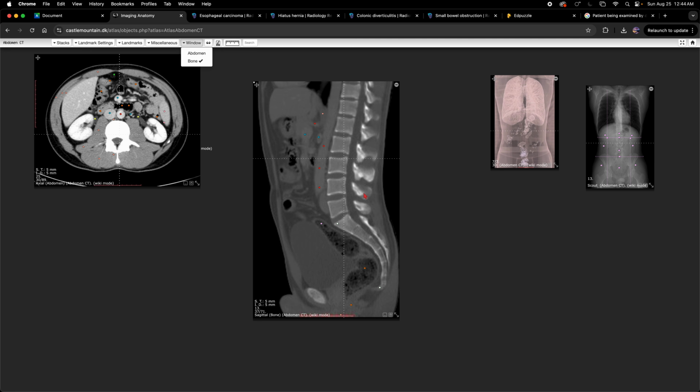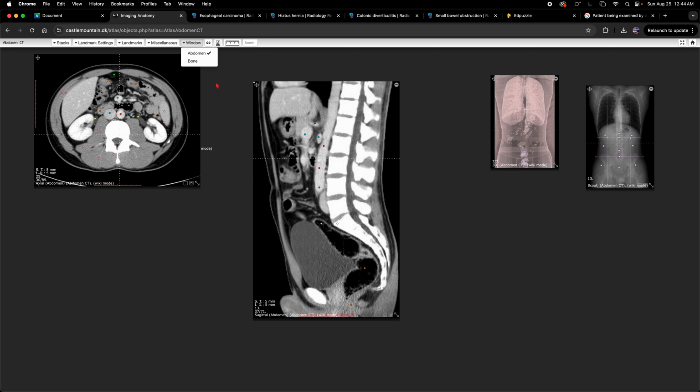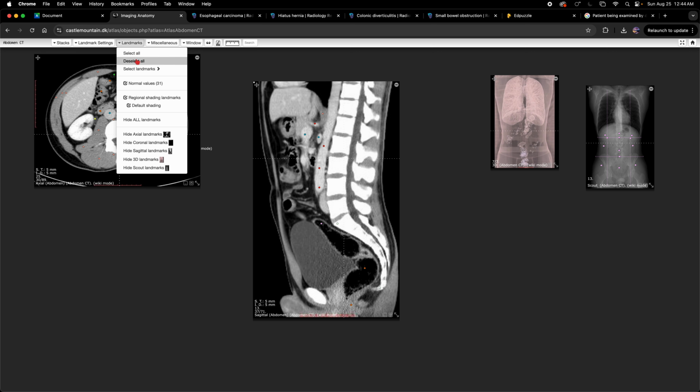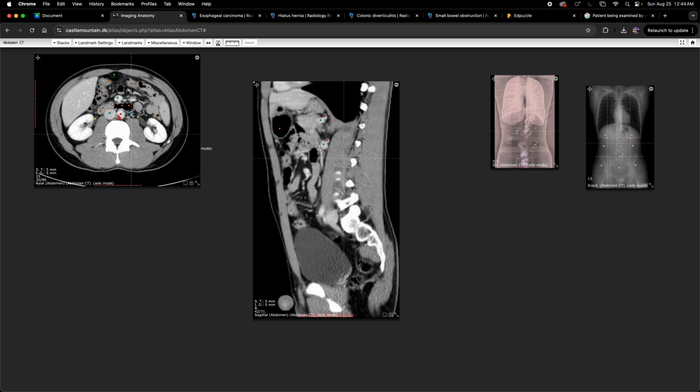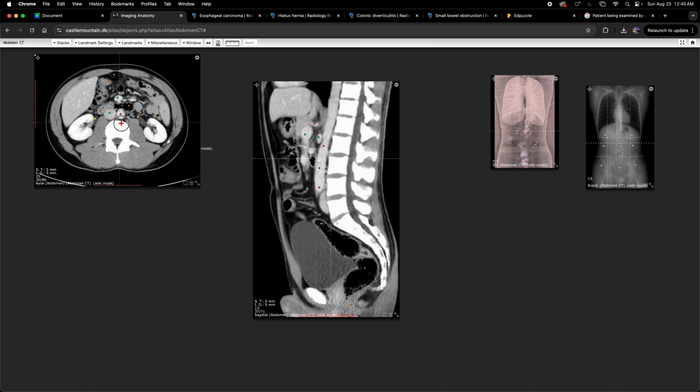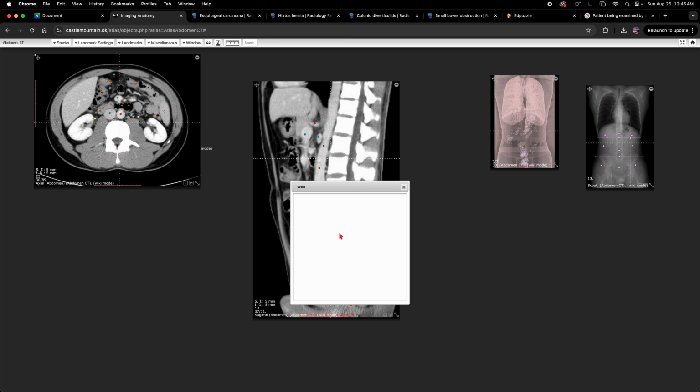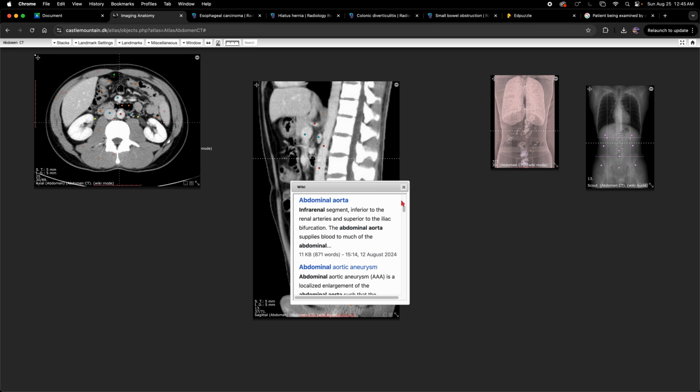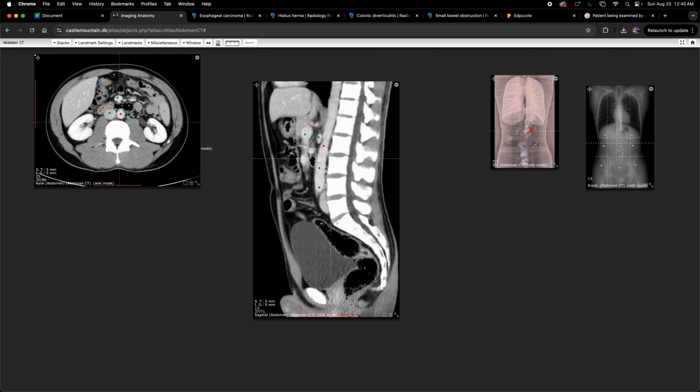So now we're looking at a bone window, and here we're looking at a soft tissue window, which I think is fantastic, absolutely fantastic. You can also deselect all the labels or select all the labels, and if you click on them, so you're really curious. Say when we get to the blood vessels, you want to know what does the aorta do. You click that, you get a short description of what it is. Remember, this is a free tool, you're not being charged for this.